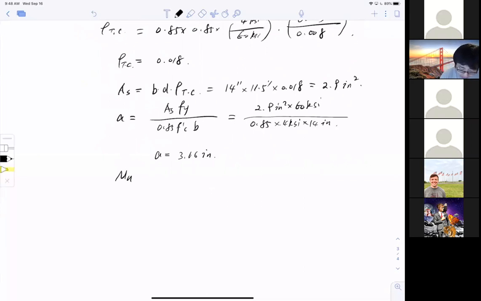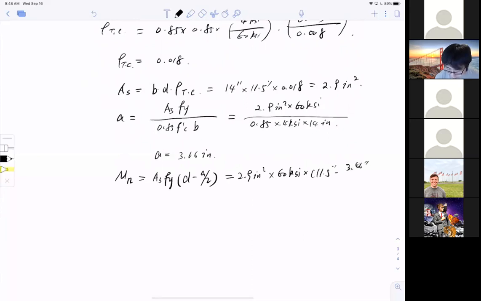With that, I'm going to get my nominal moment capacity equal to As fy, times depth d minus half a. As is 2.9 inch squared, fy 60 ksi, and depth is 11.5 minus 3.66 inch divided by 2.